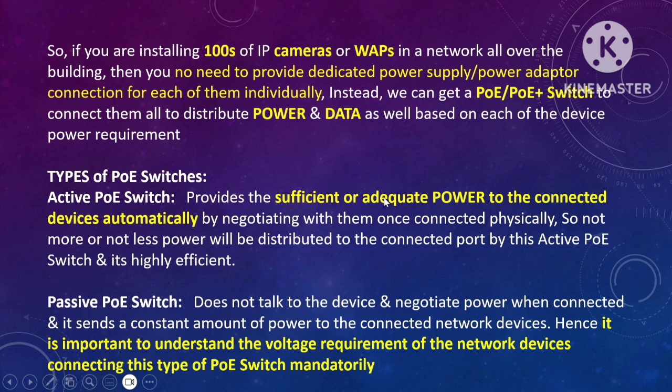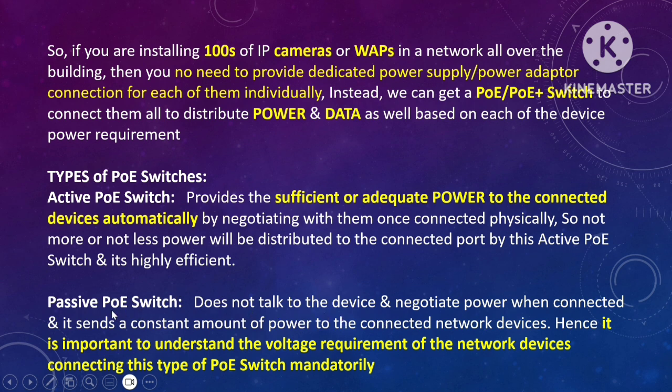Of course, there are two types of PoE switches: the active PoE switch and the passive PoE switch. The active PoE switch can provide sufficient or adequate power to the connected devices automatically, whereas the passive PoE switch doesn't negotiate with the connected devices.